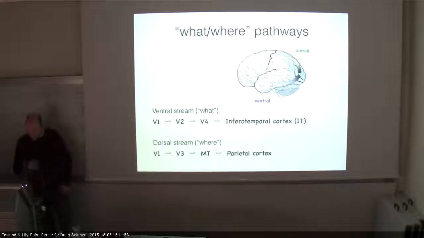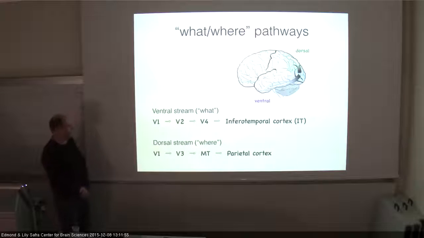One other thing, just for completeness and very briefly: if we look at what happens to the visual information after the primary visual cortex, there's a generally accepted distinction between two pathways.